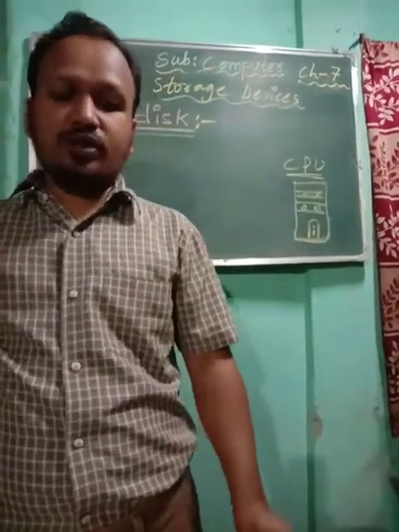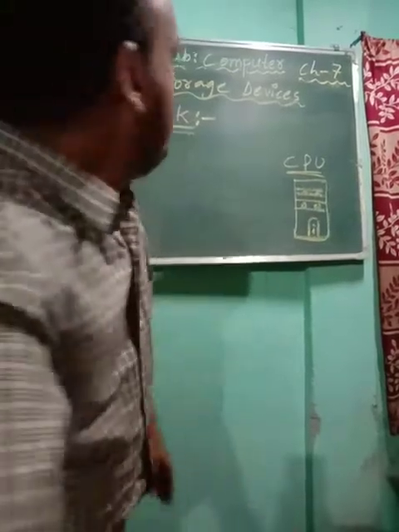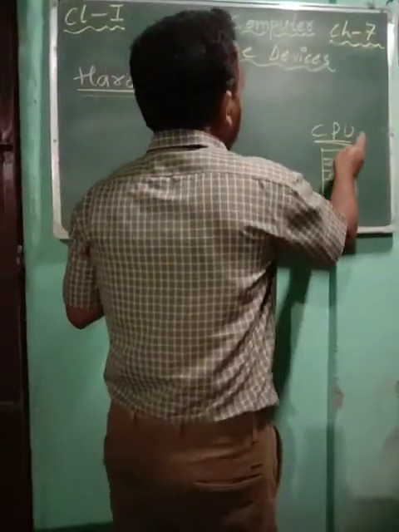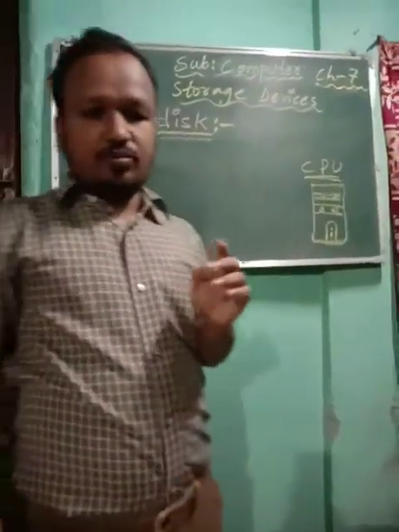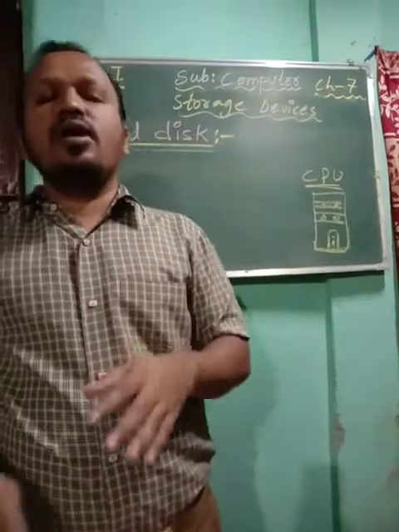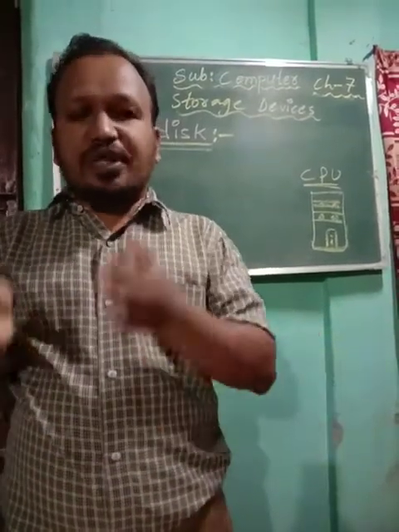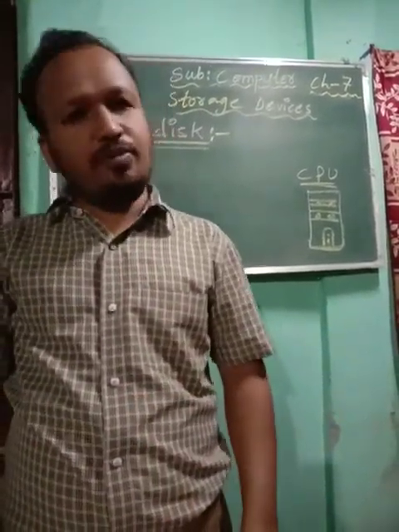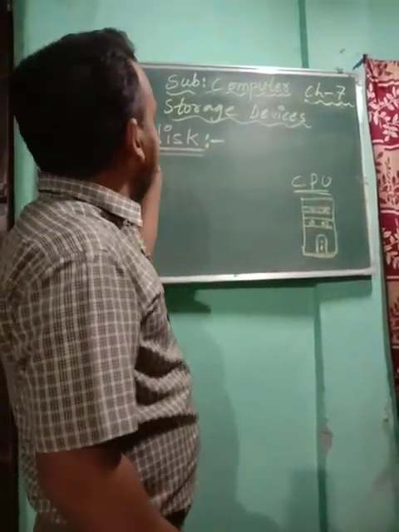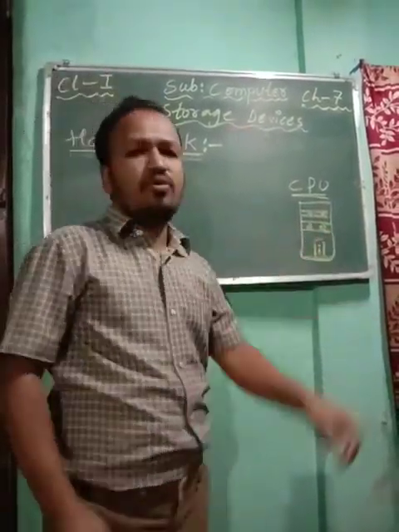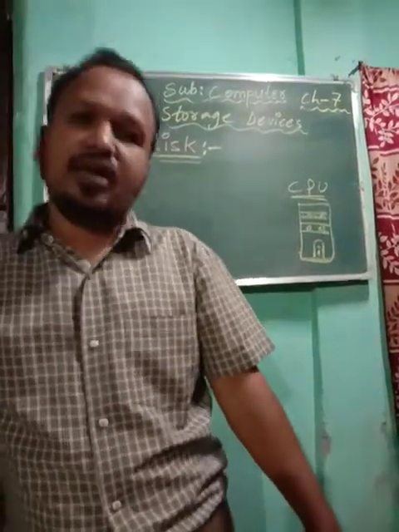Don't forget, children, where is your hard disk? The hard disk is inside the CPU. If anyone opens the CPU, they can find that the hard disk is inside it. Whenever you do anything in a computer, directly in this hard disk inside the CPU, it will record all the data.